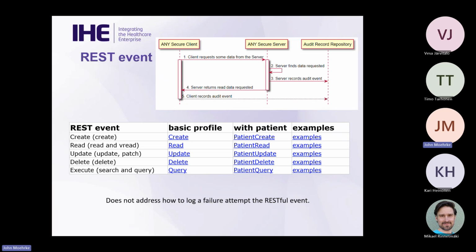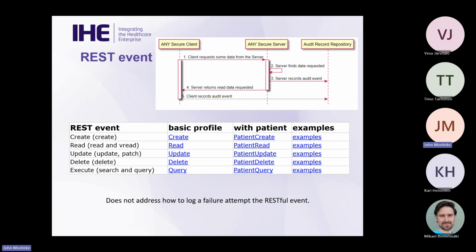And really that's intended to speak to any FHIR interaction, a client talking to a server, doing requests. So again, RESTful, but any client and any server. And then on the far right, you have the audit record repository.